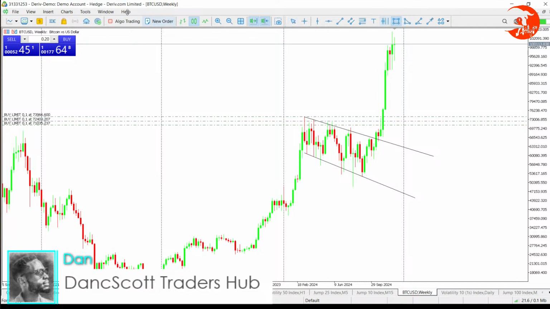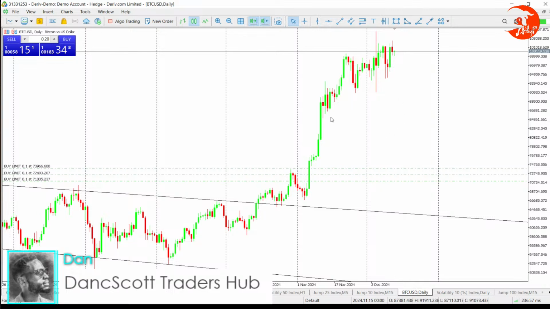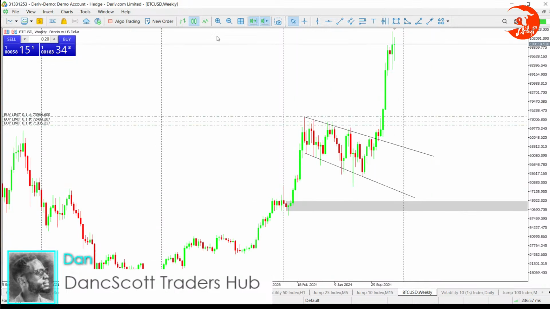So from that very level, that is the weekly. I'm not going to draw order blocks on the weekly, apart from probably this smaller one right here. It may take years to come back to this level, to 40k may take some years. So now heading back to daily. Of course, my buy limits are still there on the breaker block.